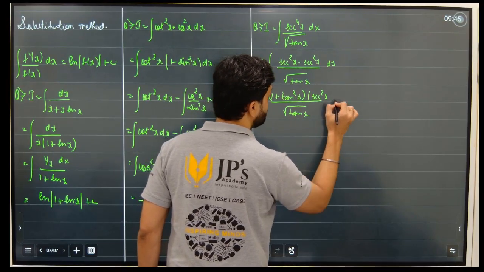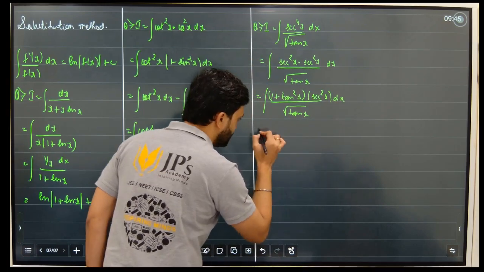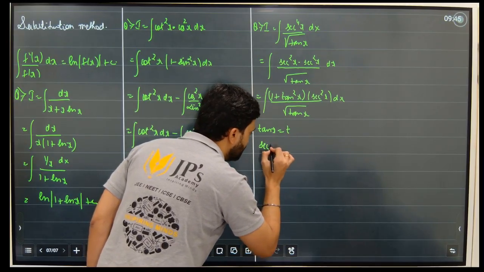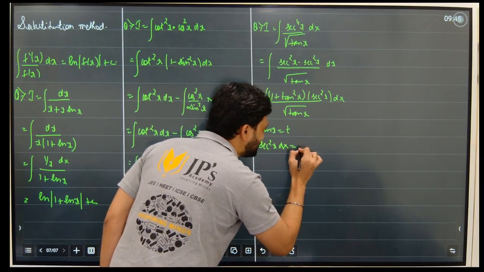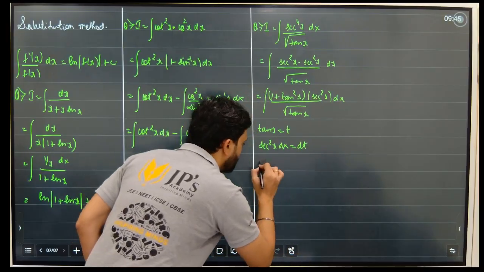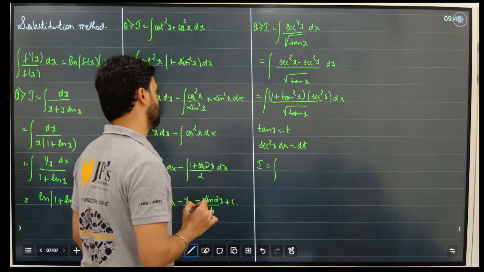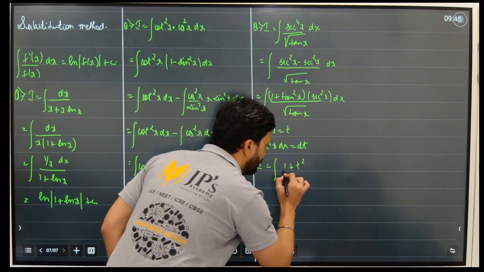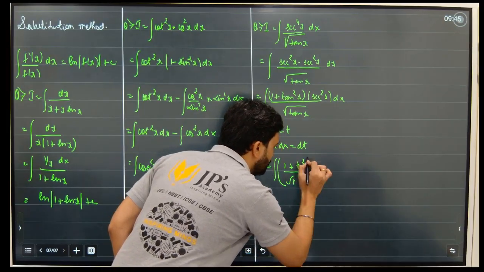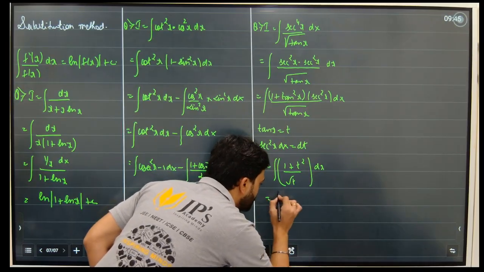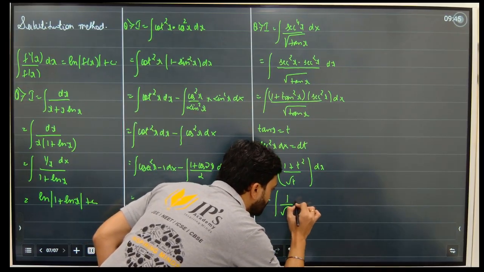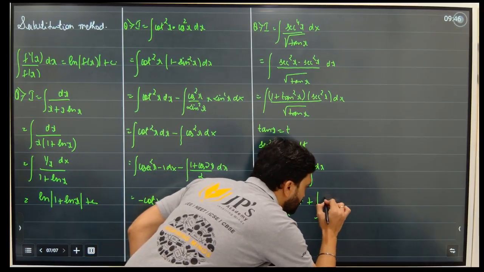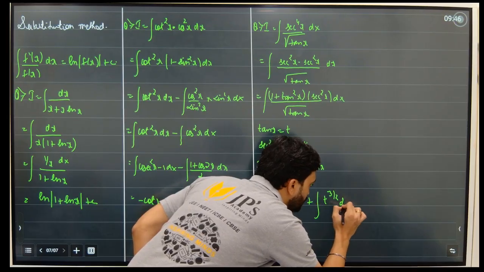Now I have the luxury of taking tan x as t, and if I take tan x as t, it will become sec square x dx is equal to dt. So I is equal to integration 1 plus t square upon root t into dt, which will become integration 1 upon root t dt plus integration t square upon root t, which is t raised to 3 by 2 dt.